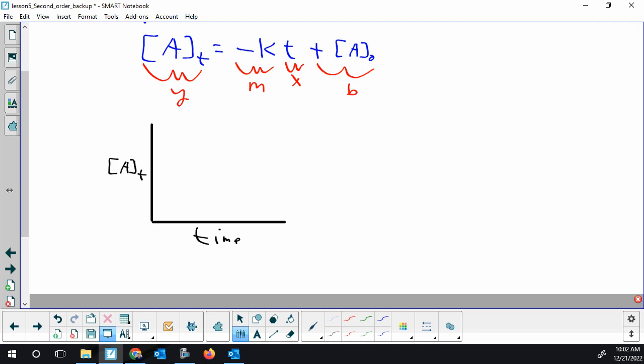Time versus concentration. We're going to start at just straight up the original concentration, and we're just going to have a negative slope, so it's going downwards. So it's going to go straight down. It doesn't matter what the concentration is, it's just going to decay.